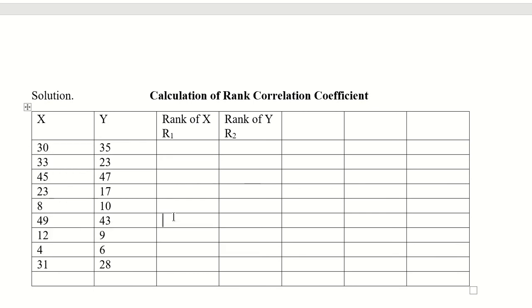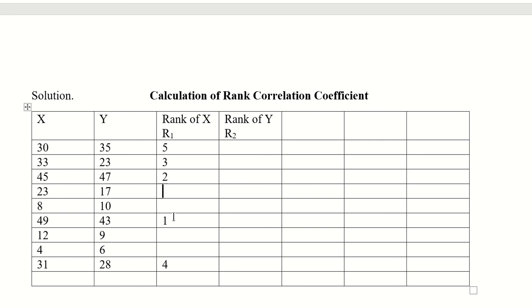Okay. So here the highest value is 49. I am giving it rank 1. Then less than 49 we have 45, so to 45 I am giving rank 2. Then less than 45 is 33, rank 3. Then we have 31, so this is rank 4. 30, rank 5.